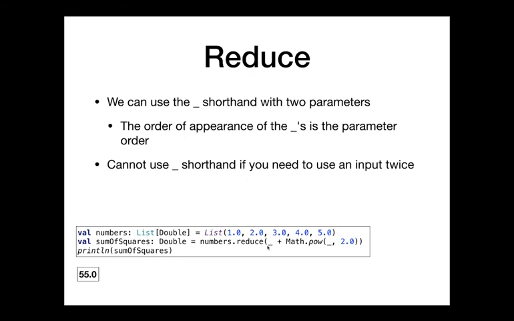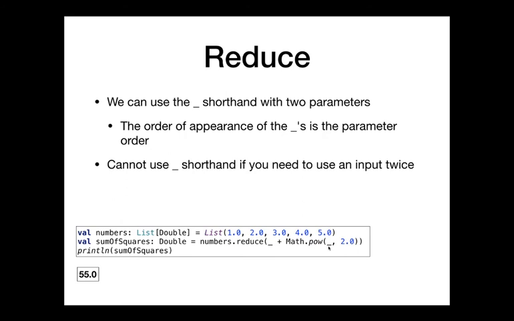The first underscore that appears in the definition of my function is going to be the first parameter of that function, and the second underscore is going to be the second parameter. So I have to be very careful that the first underscore that appears in this definition is what I expect to be the accumulator variable, and the second one is what I expect to be my current data element that I'm looking at. So the order is important here, and this is Scala-specific syntax.